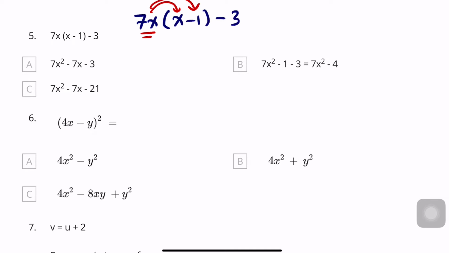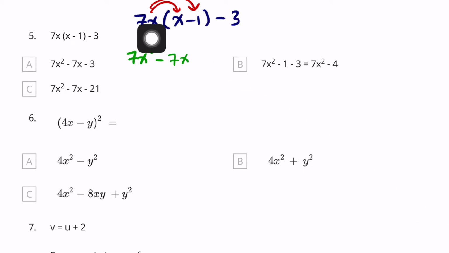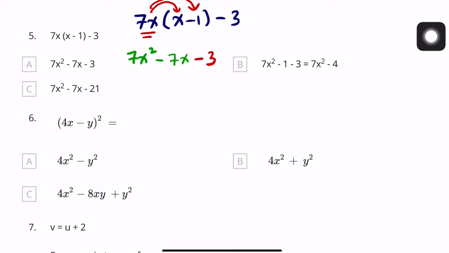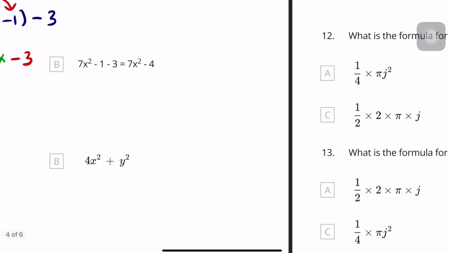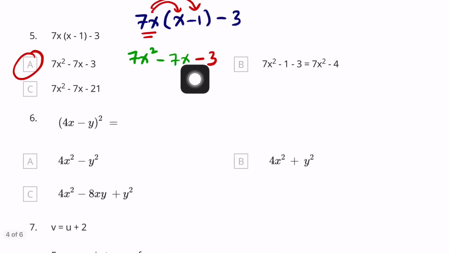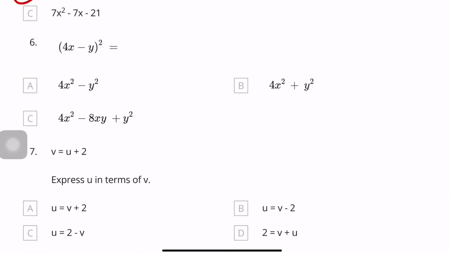You will have 7x squared minus 7x. Settle the first part and you are left with -3. Just add it in, -3. So this is the answer, A: 7x squared minus 7x minus 3. Let's proceed to the next question.